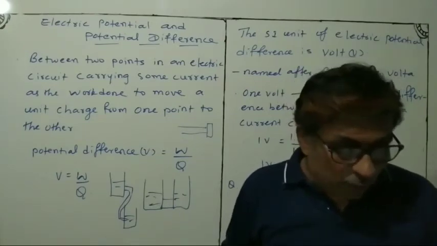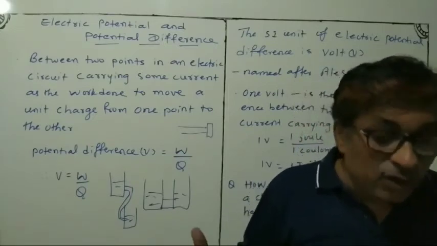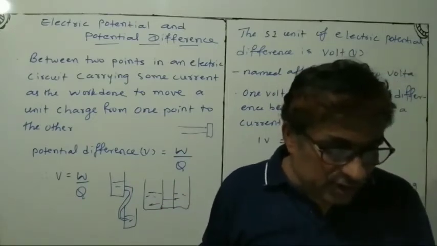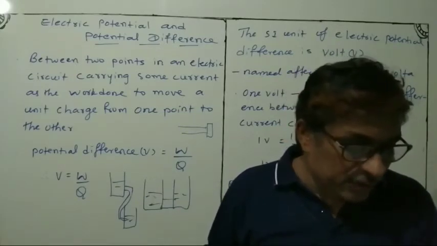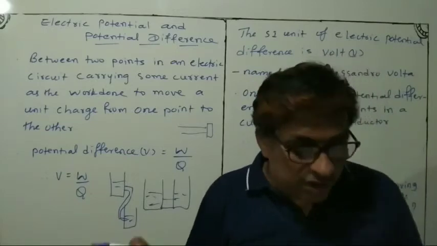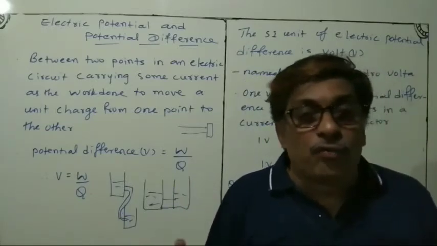This difference of potential may be produced by a battery consisting of one or more electric cells. The chemical action within the cell generates the potential difference across the terminals of the cell, even when no current is drawn from it.